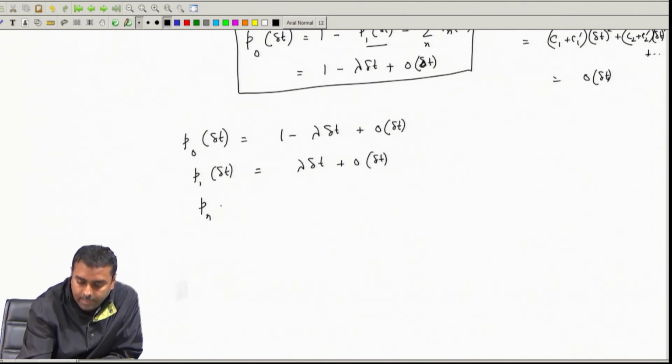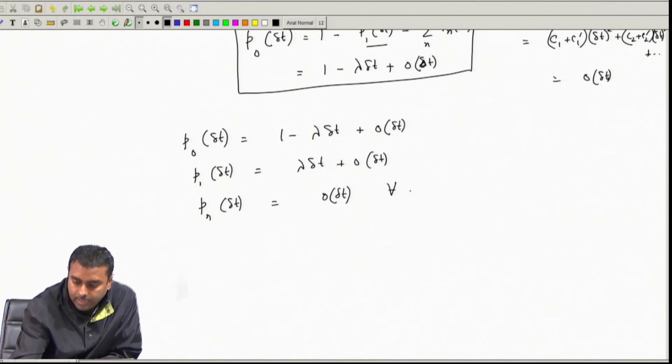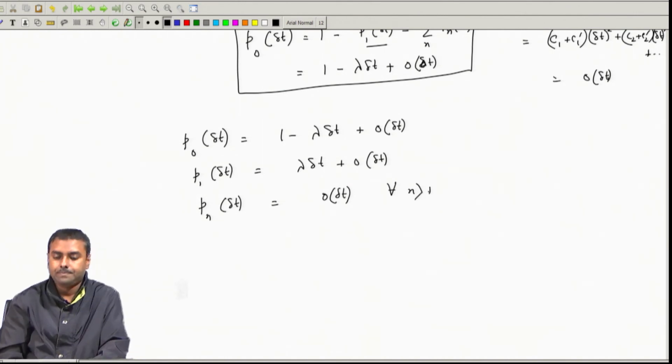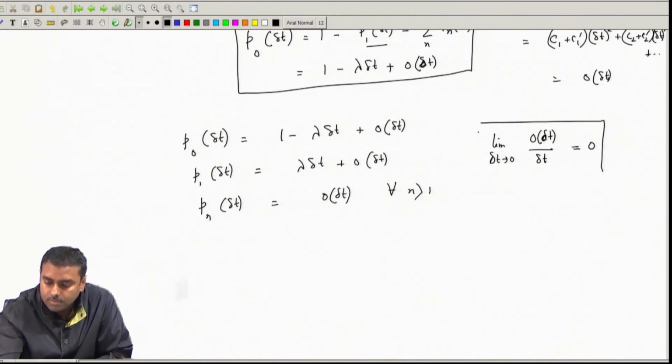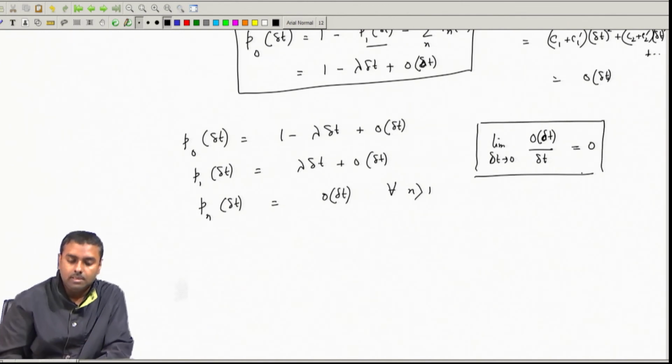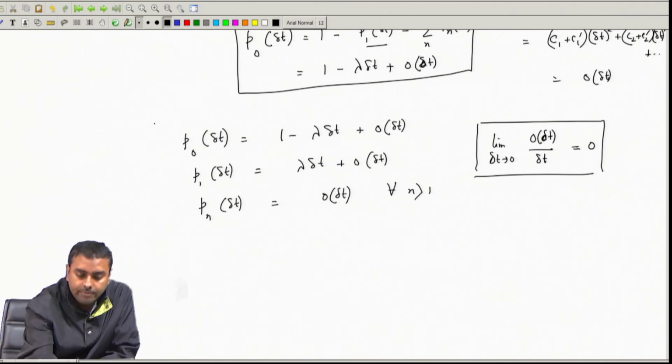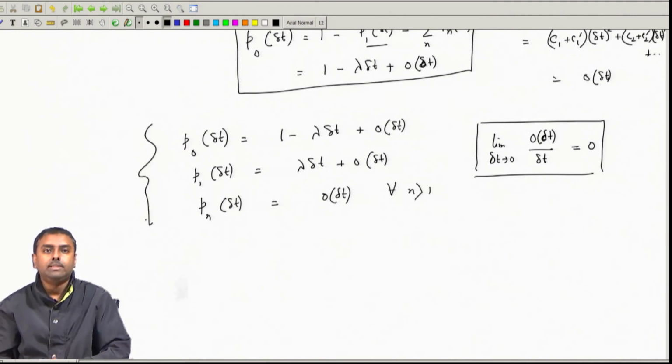And P n delta t is equal to O delta t for all n greater than 1, with the additional definition that the limit as delta t tends to 0 of O delta t divided by delta t is equal to 0. That is the overall mathematical definition of the non-simultaneity principle.